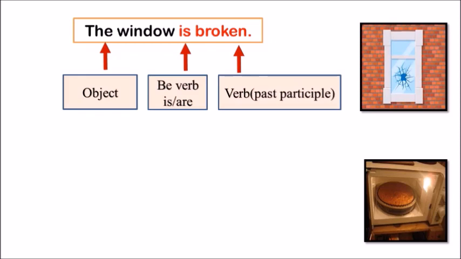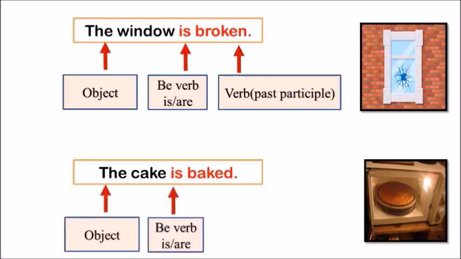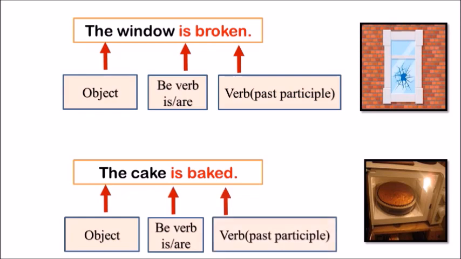Broken is the past participle form of the verb. The cake is baked. What is baked? The cake. It is the object. Is is the present form of be verb. Baked is the past participle form of the verb.